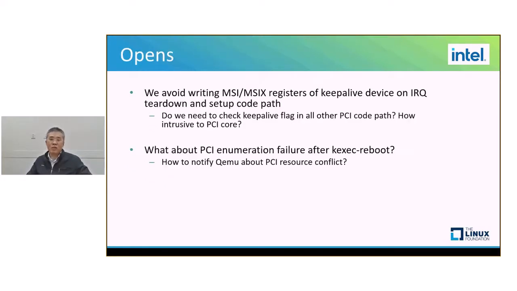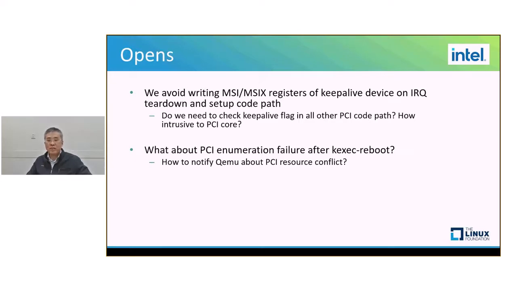So until now, we have talked about how we handle the many issues we will encounter for the VMM fast restart. However, we still have many opens. First, we still can't make the Keepalive flag transparent to PCI core code.